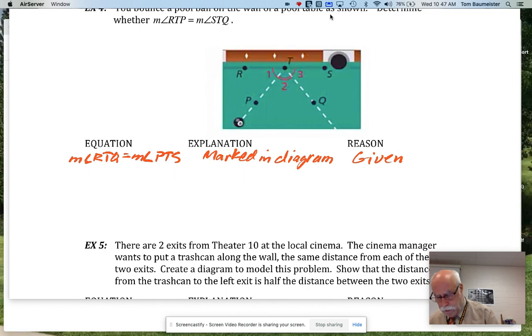They want you to get used to using the angles, so we're going to say that the measure of angle RTQ is equal to the measure of angle RTP plus the measure of angle PTQ.